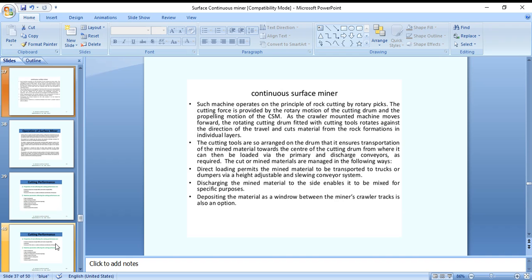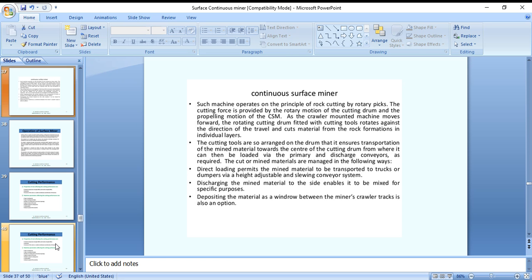The continuous surface miner machine operates on the principle of rock cutting by rotary picks. The cutting force is provided by the rotary motion of the cutting drum and the propelling motion of the CSM, the continuous surface miner.